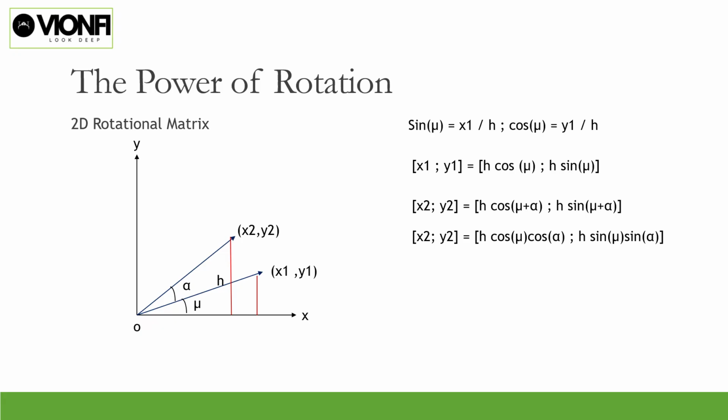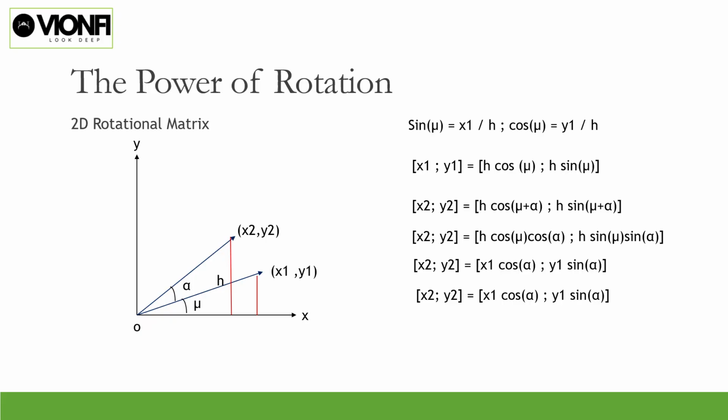Going to the next step with these identities, we already know h cos mu equal to x1 and h sine mu equal to y1. So we also got that. Now going further, we put it in the multiplicative form of the matrix.